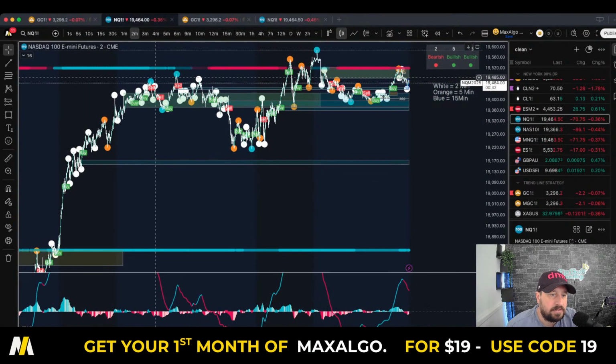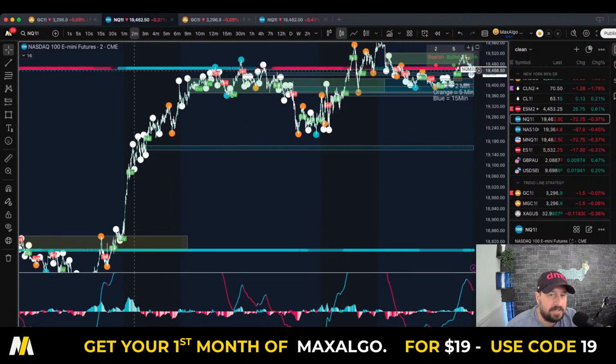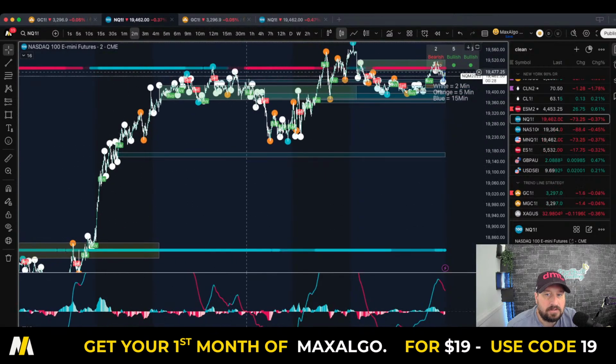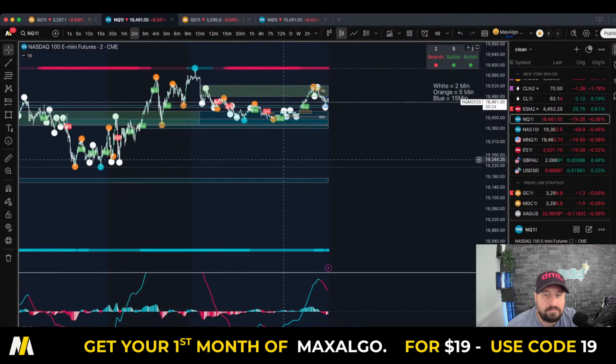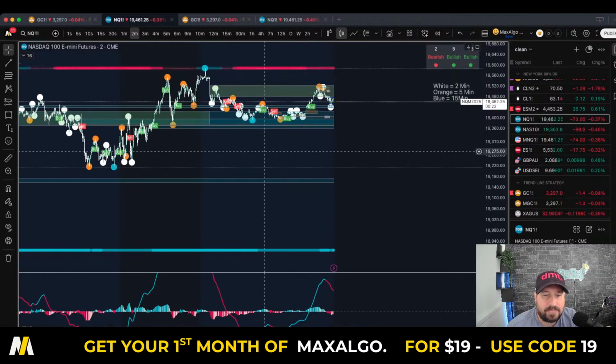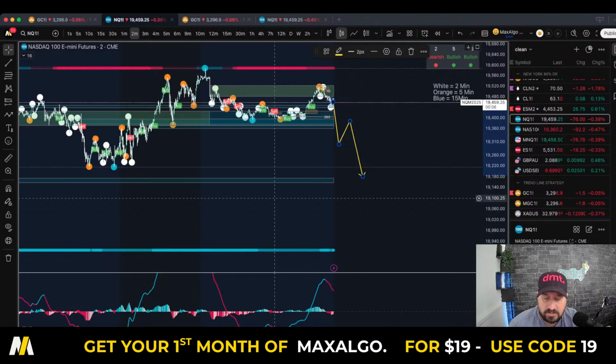You can see this transition didn't last very long. And same thing again. So I'm getting below this level and coming under these. If we go bearish, could potentially be a nice trade.